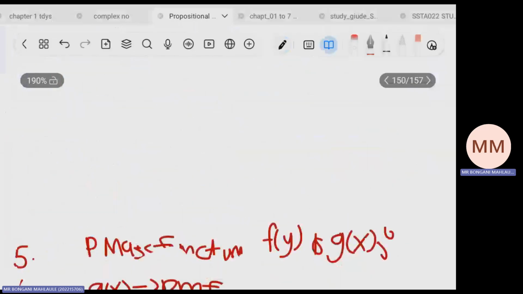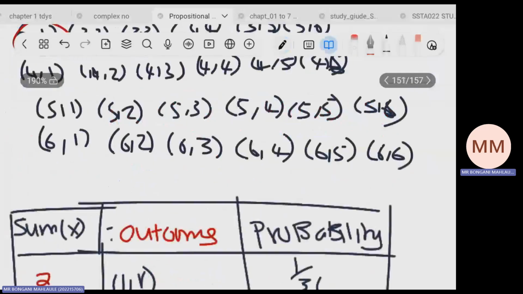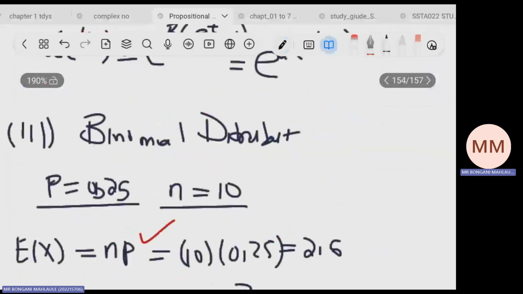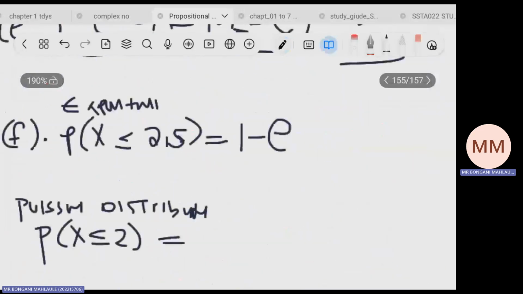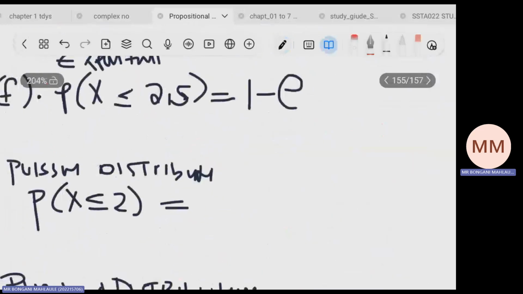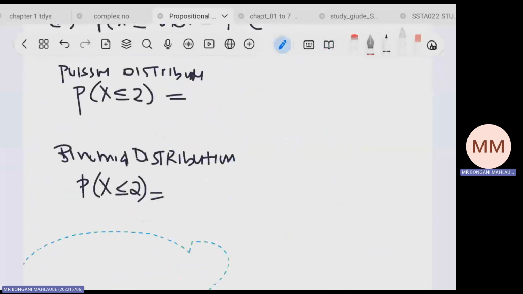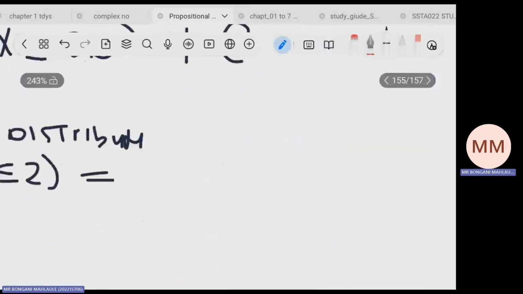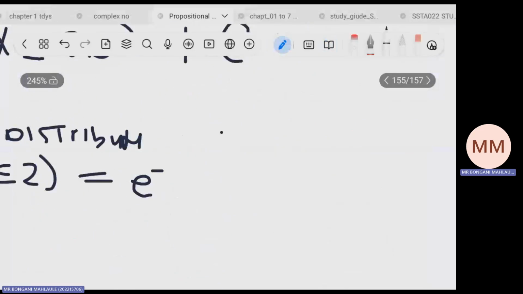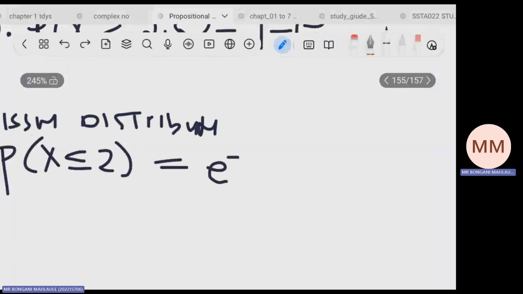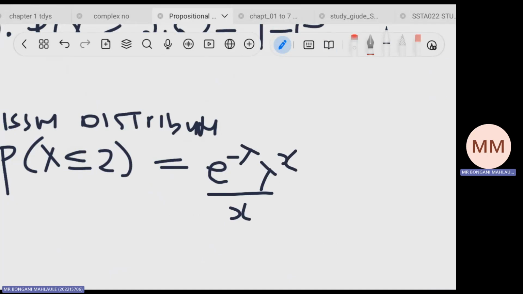So for Poisson, this is what we're going to do. Let's start with the one for Poisson. It's the simplest one. This will be equal to e to the exponent negative the mean. Remember, you're going to put the mean, let me use lambda, to the x over x factorial.